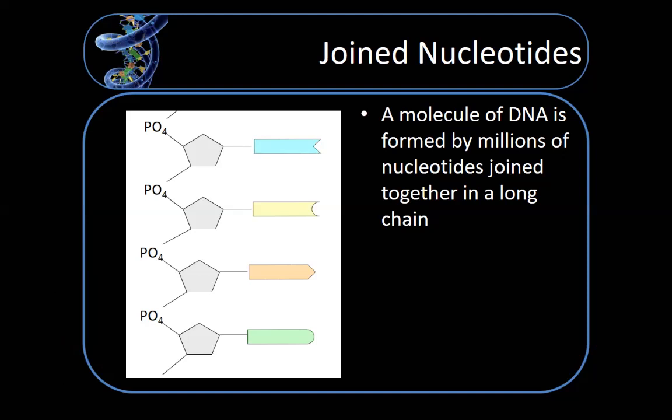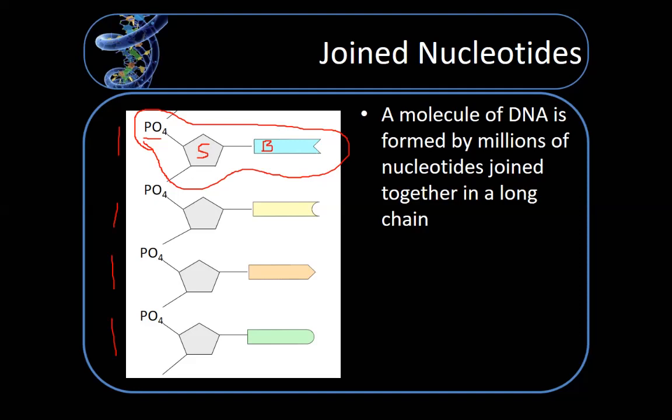All right, so what you have here is one nucleotide, okay? You have your phosphate group, you have your sugar, and you have your base, okay? And when we chain one with another, with another, with another, this is going to create that polymer.